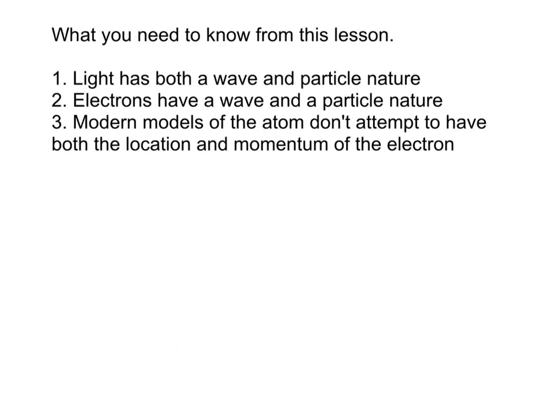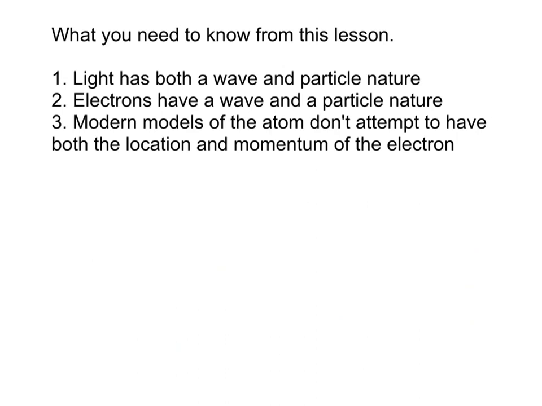So the question you should ask yourself is, there might not have been a lot of writing for you to do on these slides, but there are three very important things that Mr. Ferguson and I feel that you need to know. The first one is the fact that light has both a wave and a particle nature to it, known as the de Broglie duality. The second one, of course, is that electrons also have a wave and a particle nature.